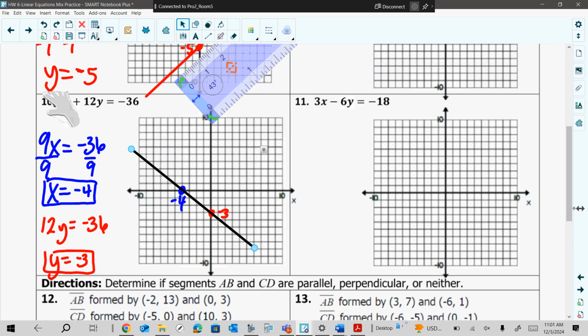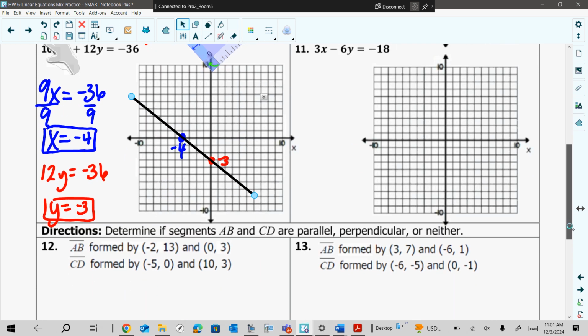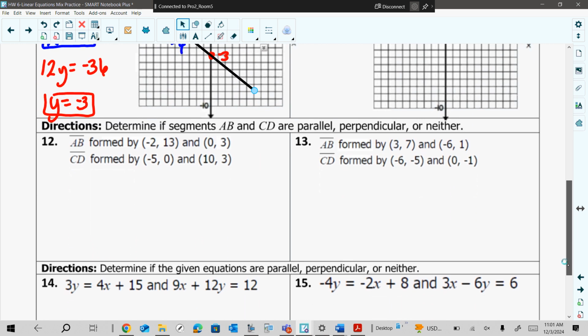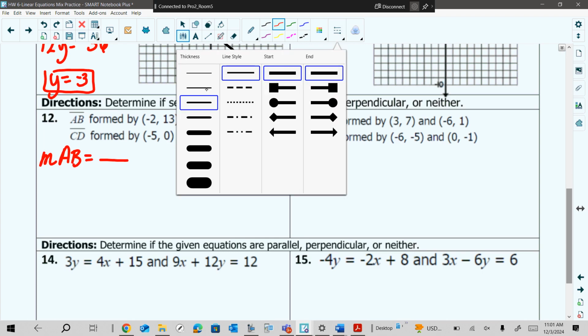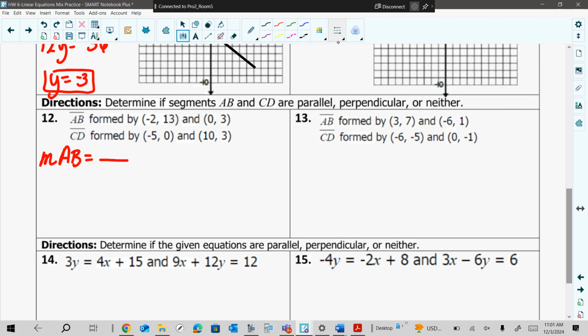Okay. And then our last section here, this is what we did yesterday. We need to check and verify your understanding. This is the last skill for the test. So you do y2 minus y1 over x2 minus x1, and we're going to find the slope of AB, and then compare the answers to determine if it's perpendicular or parallel.